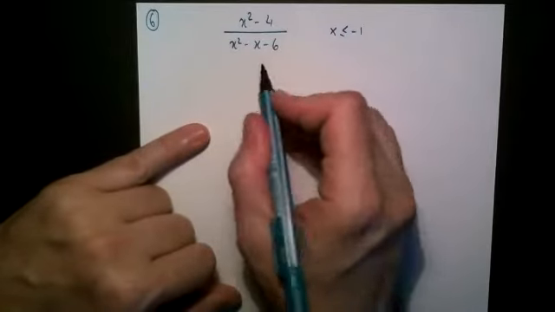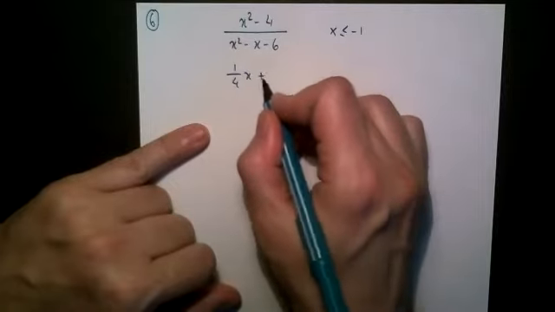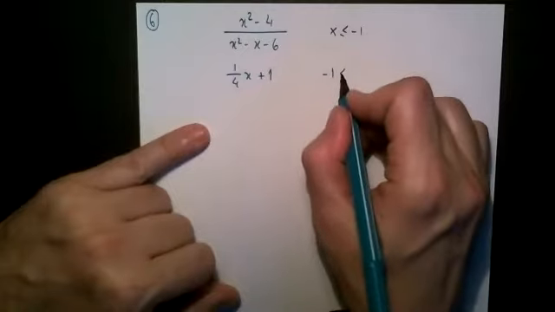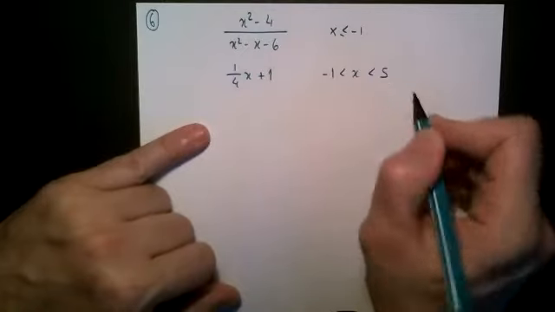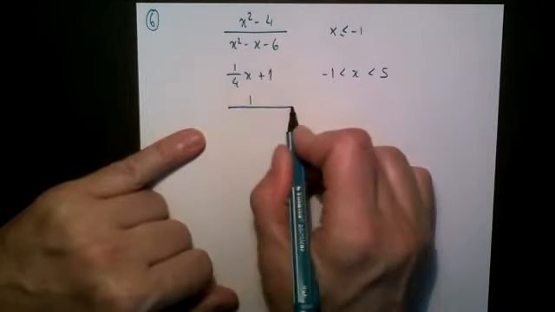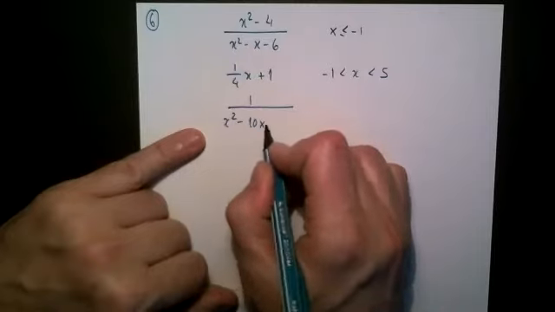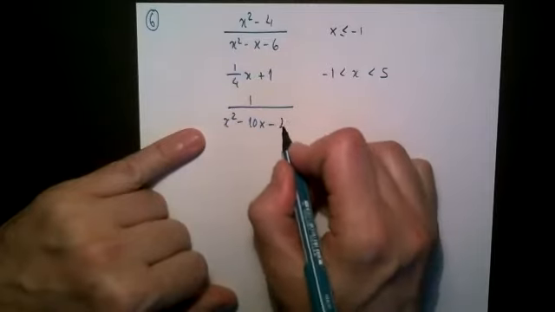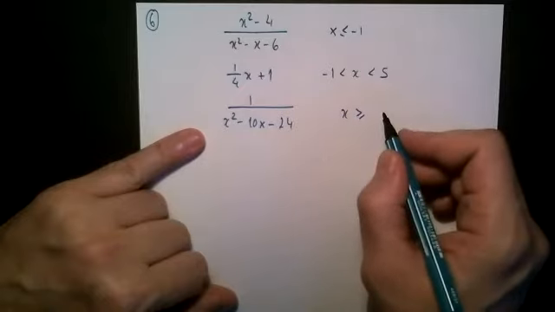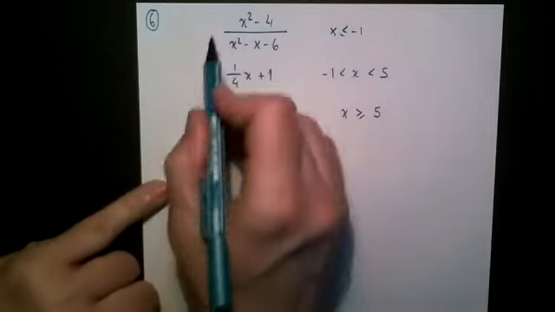Then 1/4 x plus 1 if it's between -1 and 5, not including, and 1 over x squared minus 10x minus 24 if x is greater or equal to 5. So this is my function.